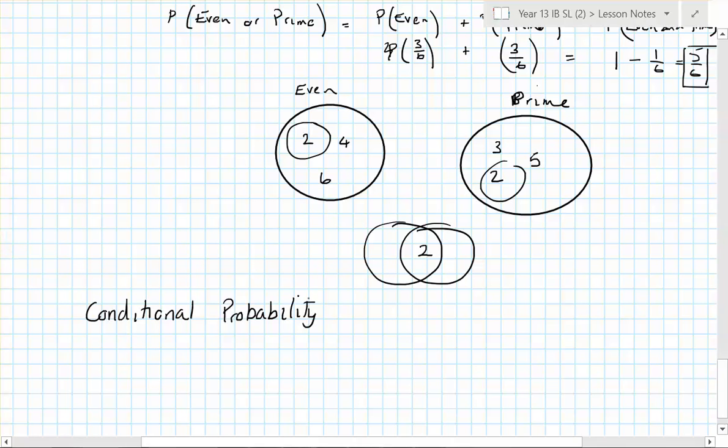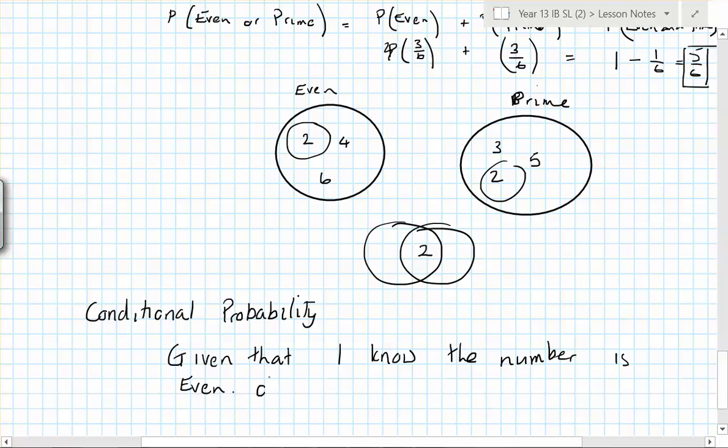Now there's some certain vocab that you know is going to happen. So if I said to you this, you roll a die. Given that I know the number is even, calculate the probability of it being prime.